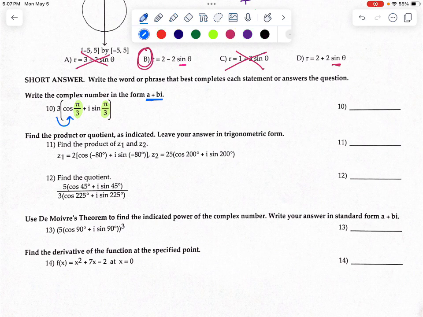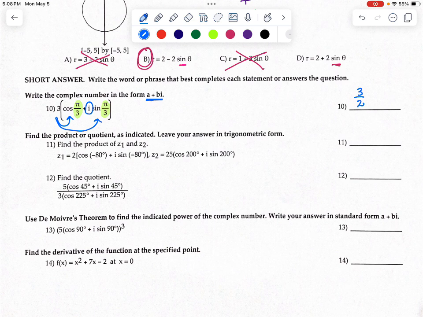Okay, so the first thing I'm going to do is multiply 3 times the cosine of pi over 3. So 3 times cosine of pi over 3 gives me 3 halves or 1 1/2. We all know how I like fractions, so I'll be sticking with the 3 halves. Then I need to do 3 times the sine of pi over 3. And remember that i is the imaginary number i. So we're going to make sure and leave that alone. I'm just going to stick it on there in just a second.